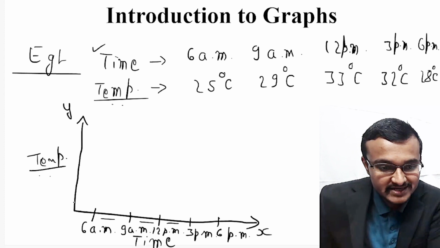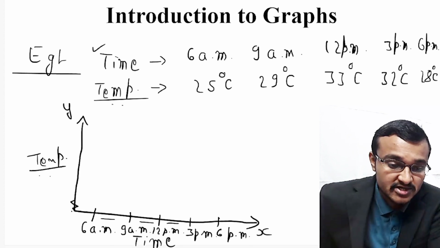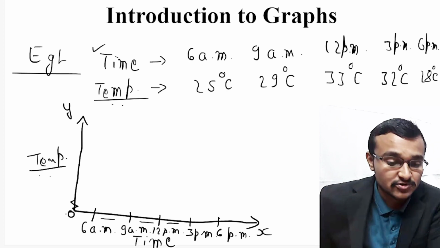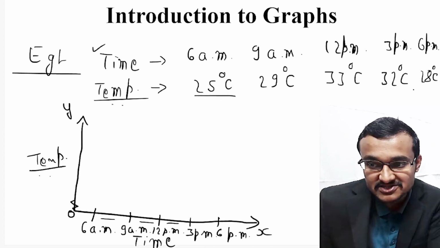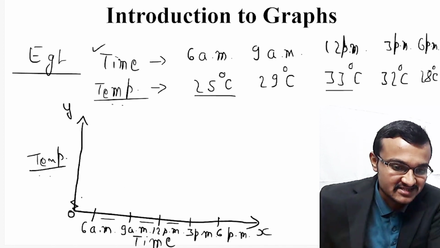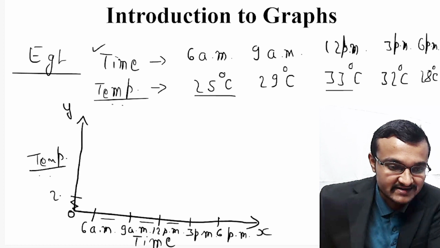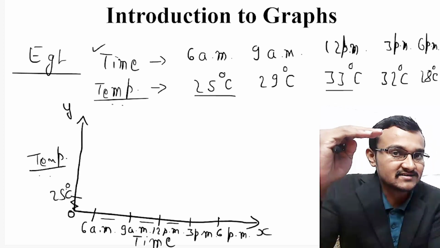So here also in temperature, first we will take some break, because this point always starts from 0. But here we have temperature starting from 25 degrees Celsius till 33 degrees Celsius. So we will just right away jump to 25 degrees Celsius, and from there we will go on scaling the graph.